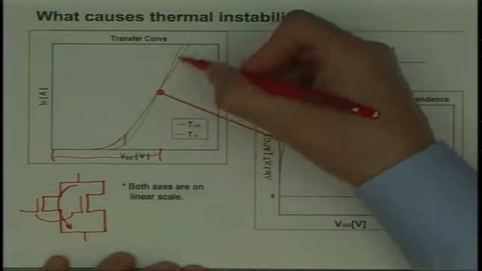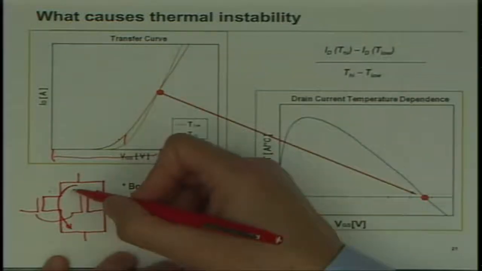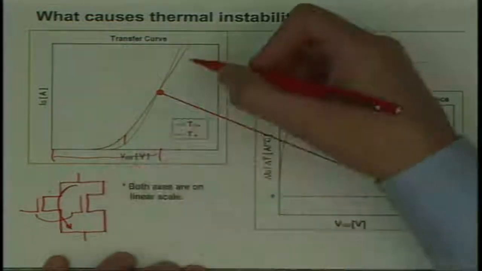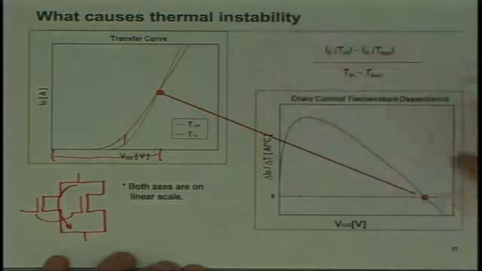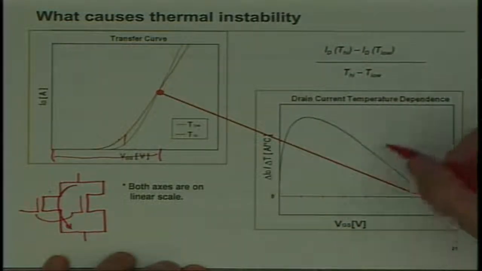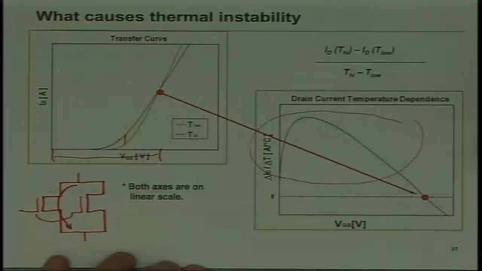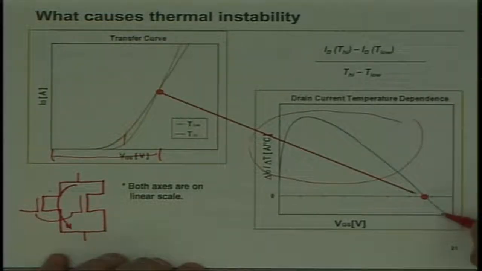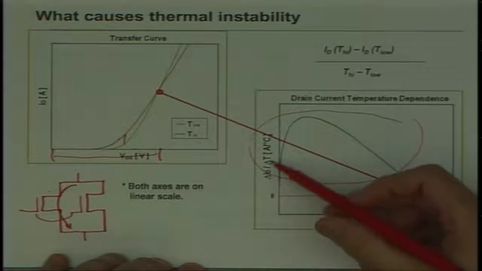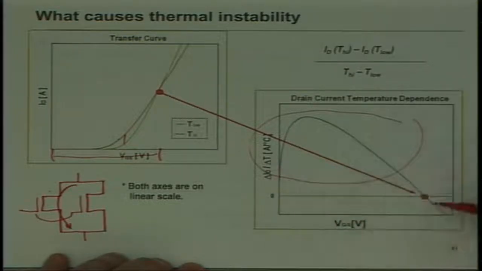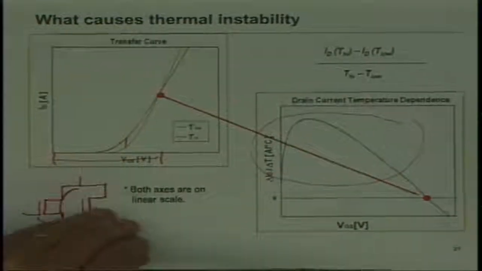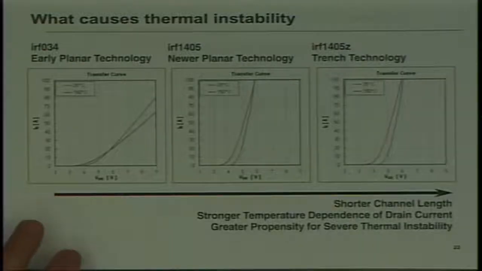And then above that, now you see it reverses. So now the one that gets hotter takes less current, which is self-equalizing, right? So in this region you end up with the likelihood of instability, and as long as the delta ID over delta T is less than 1, then you don't end up with instability.